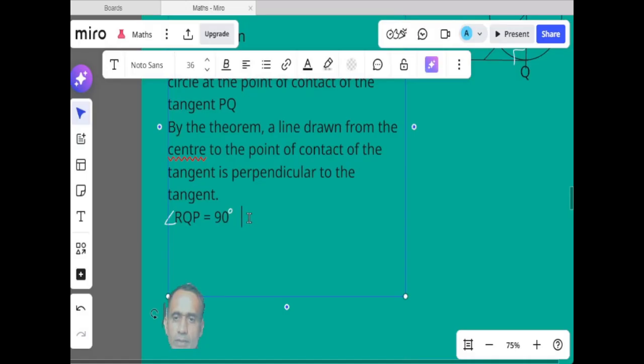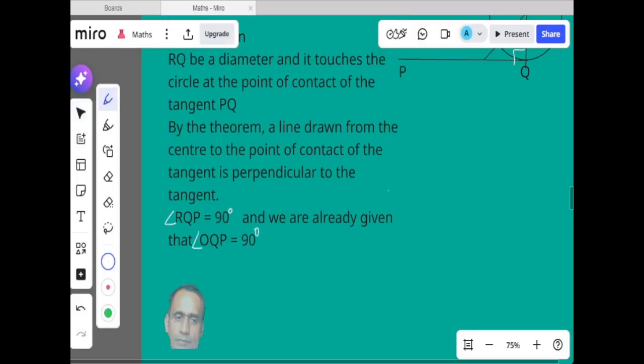And we are already given angle OQP is also equal to 90 degrees. So let this be 1 and this be 2.